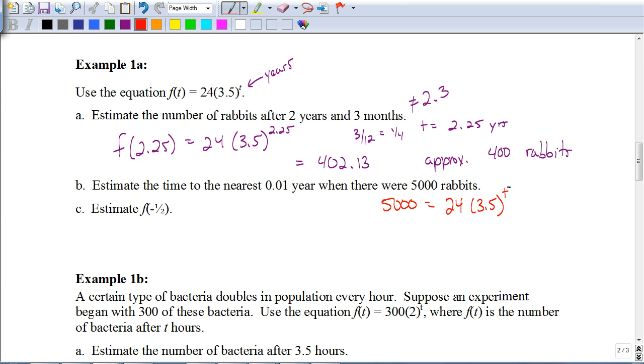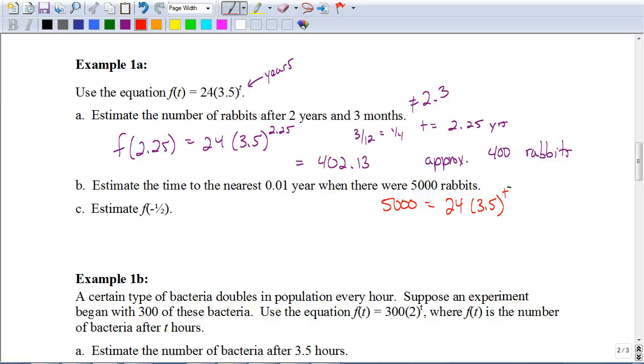The reason why we're not going to cover this portion of the lesson is because later on in this chapter we're going to look to see how we can do this using logarithms. In this chapter they would do it by graphing. Well, if you don't have a graphing calculator, the only way to do it is by guessing. And so that's why we're going to skip these particular types of problems in this lesson, because I want to make sure you focus on how to do these using logarithms.